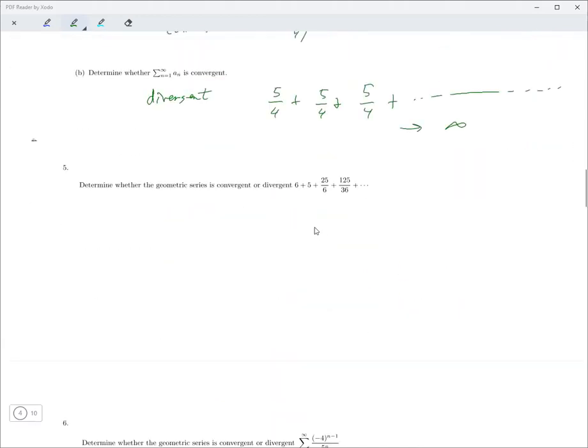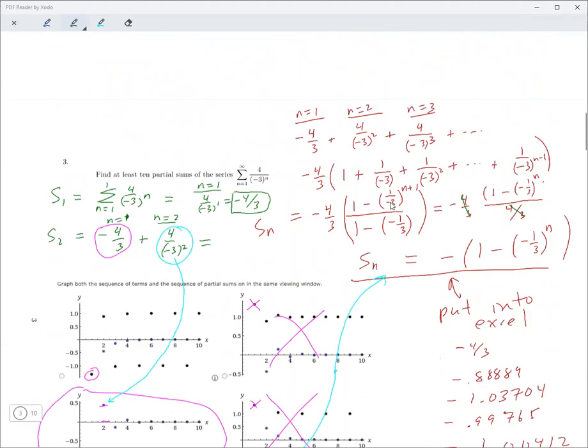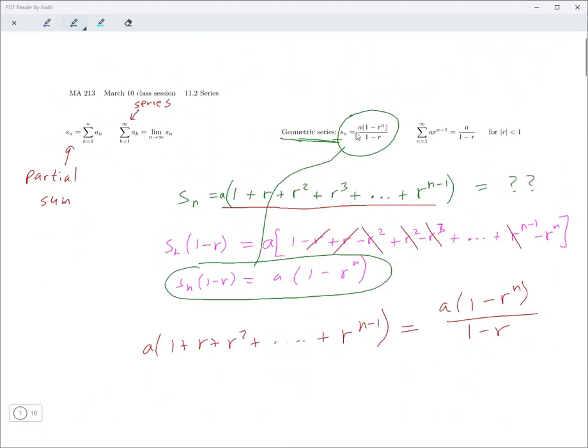Okay, number 5. Determine whether the geometric series is convergent or divergent. The thing about geometric series: these are the partial sums. It converges if the absolute value of r is less than 1, and it diverges if the absolute value is greater than or equal to 1.